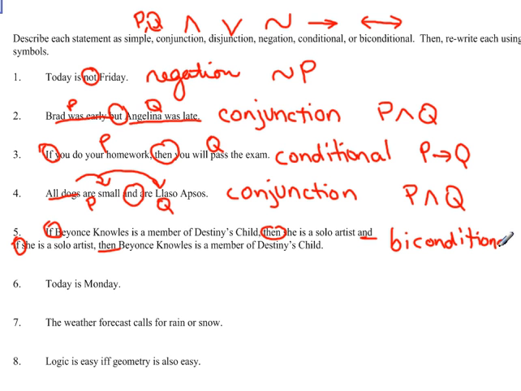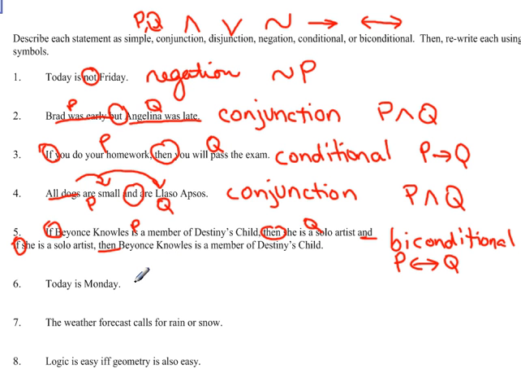And this is the long way to write the biconditional. The short way is to use the words if and only if. That indicates the biconditional as well. So P is Beyonce Knowles is a member of Destiny's Child. Q is she is a solo artist. So this would be P double arrow Q.